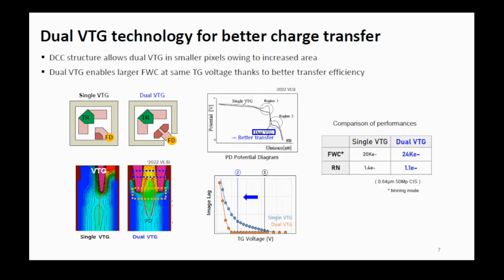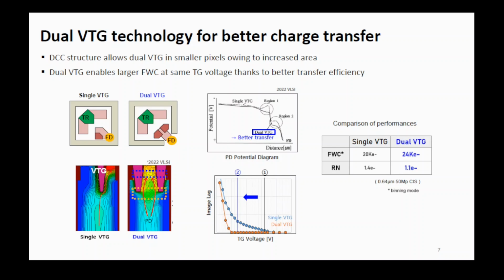In this table, we are comparing the performances of the single previous VTG and the dual VTG. Actually, the direct effect of the dual VTG is that it increases the full well capacity.